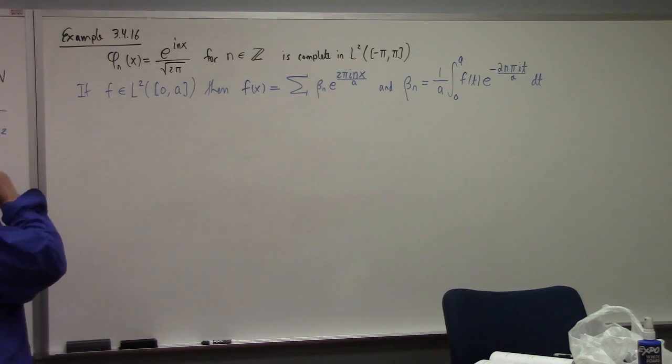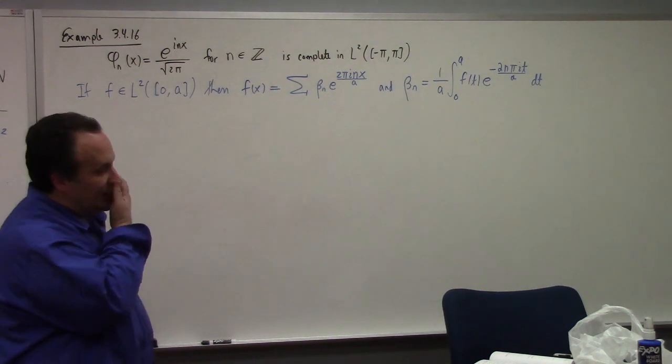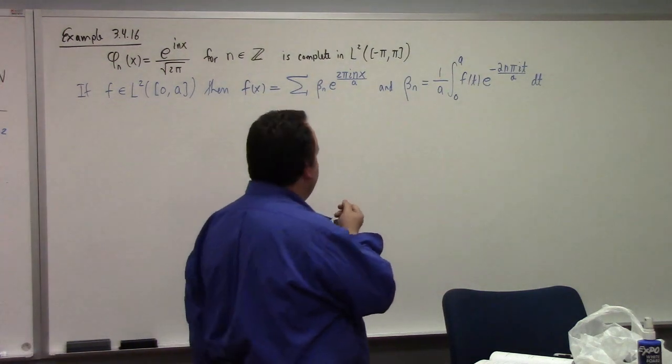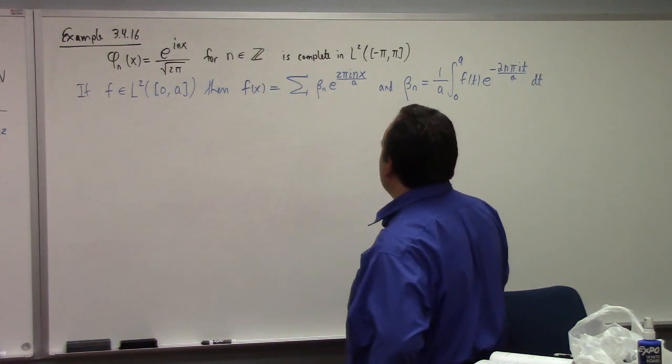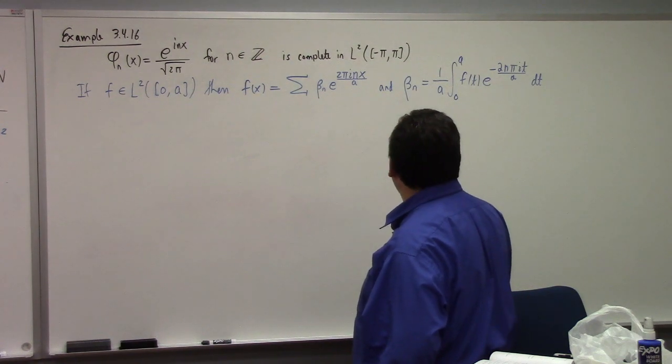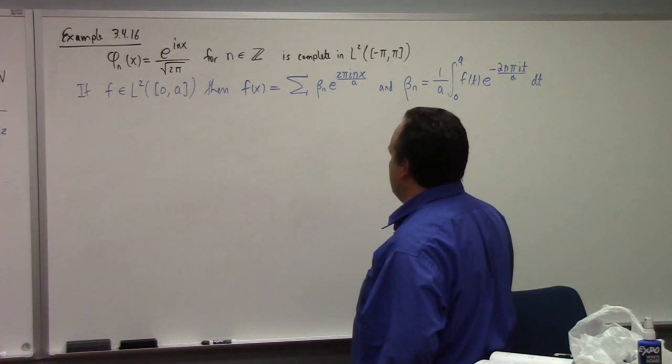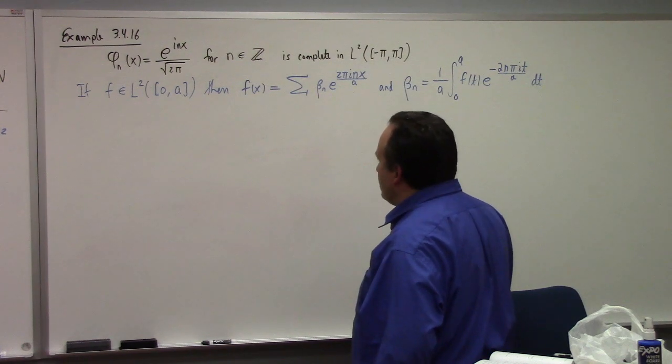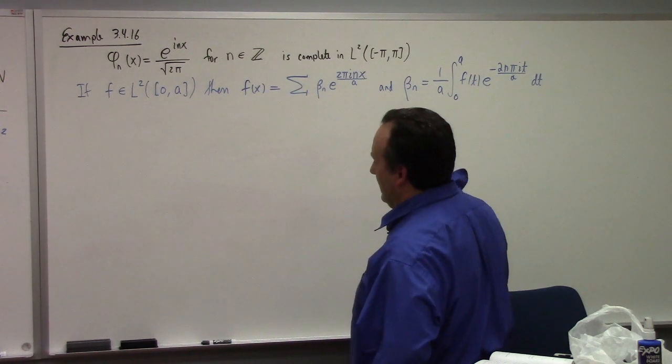The thing that's bugging me is, if it was minus a to a, I'd be more inclined to see the exact connection between what's written in black and what's written in blue.